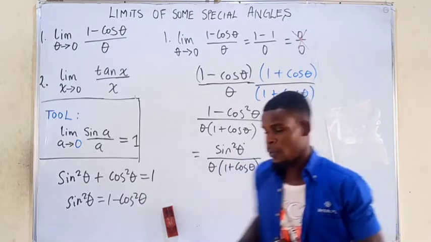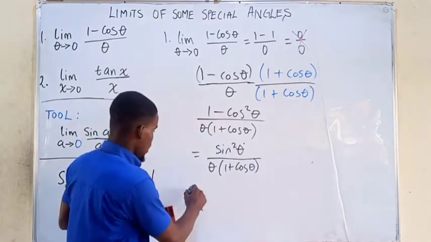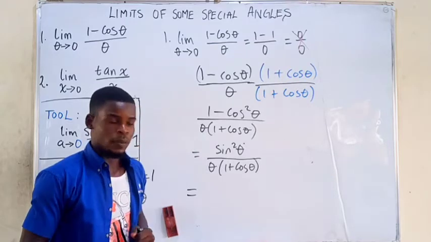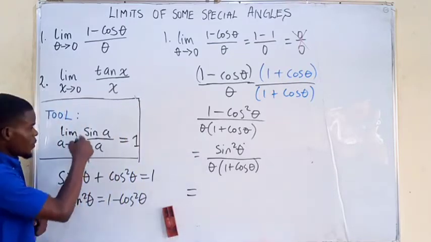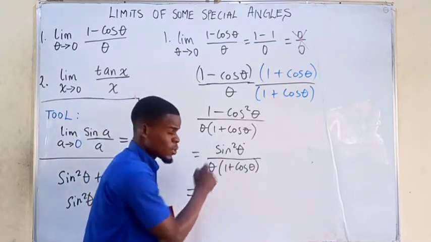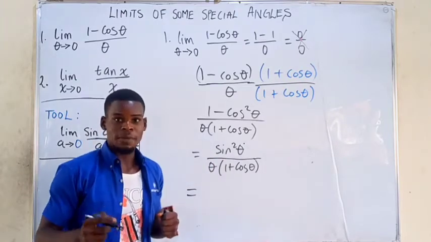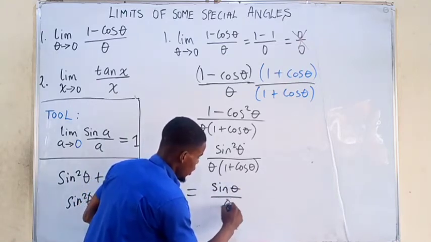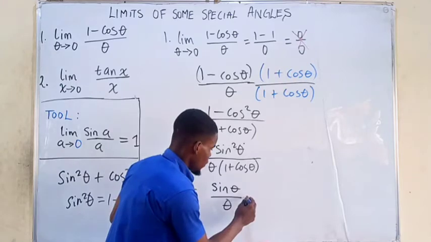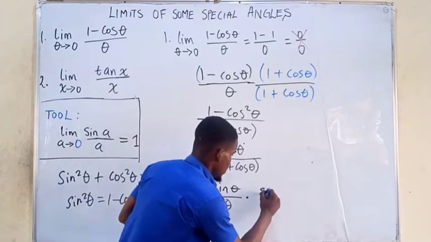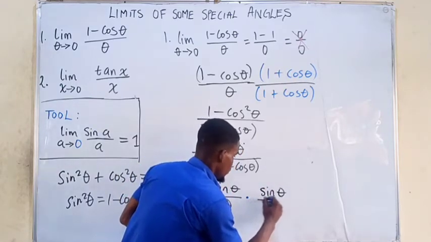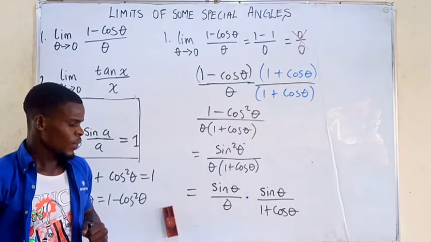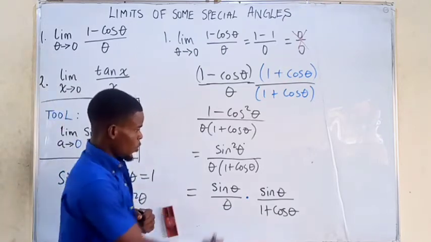Now I'm going to rewrite this further with some rearrangement. I'm going to split this sine squared into two: sine theta times sine theta gives us the square. So this is sine theta over theta times the other fraction, sine theta over (1 plus cosine of theta). If you multiply these two fractions, you get back the original.